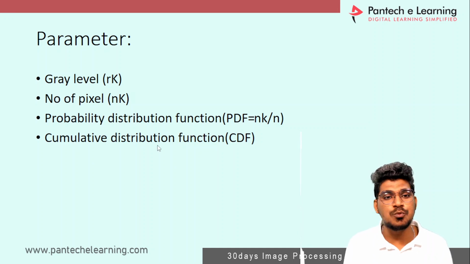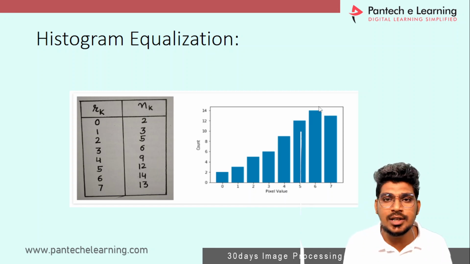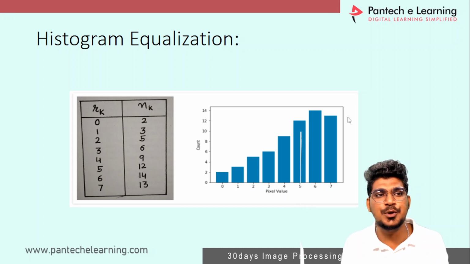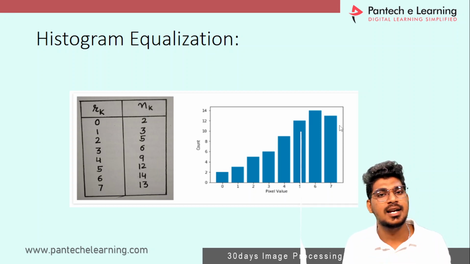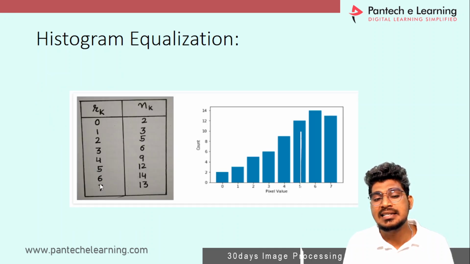Okay, I will explain one by one. See here, this is a histogram. This is the pixel value, this is the count. It is not even right now, because of the distribution of the pixel intensity, the color intensity distribution of this particular image. So what are the values here? Gray level and number of pixels. The gray levels are 0, 1, 2, 3, 4, 5 till 7.